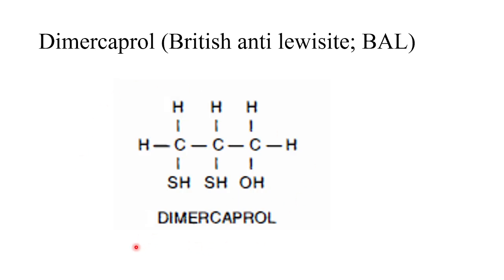These two SH groups will bind a metal, and thus they provide the chelating effect. So that's how this works. Now, there are 1:1 complexes and 2:1 complexes that can be formed with dimercaprol and the metal.